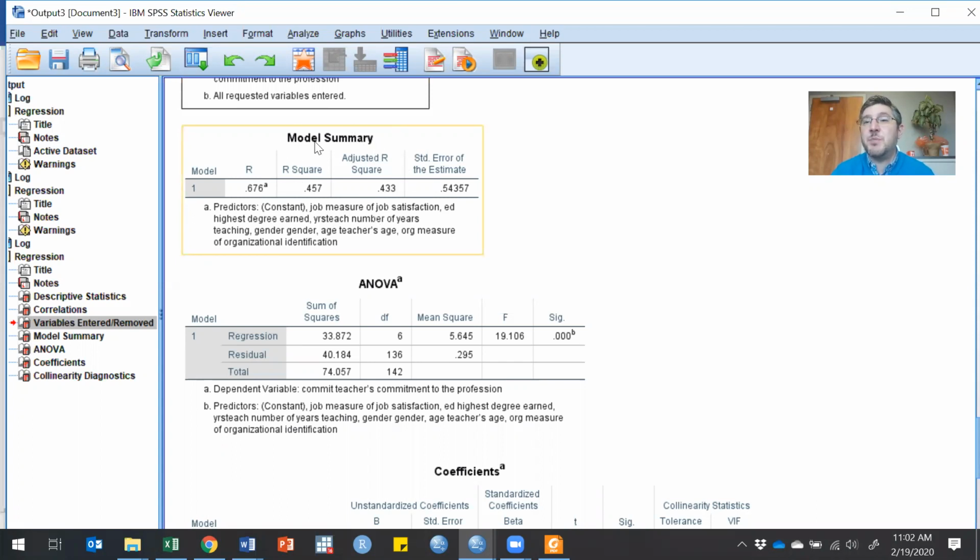This gives us the proportion of variance explained in our outcome, that's explained by the linear combination of the independent variables in the model. So we're explaining around 45% of the variance in teachers' commitment to the profession by the linear combination of variables in this model. Is that a large amount of variance explained? It sort of depends on your field of research.